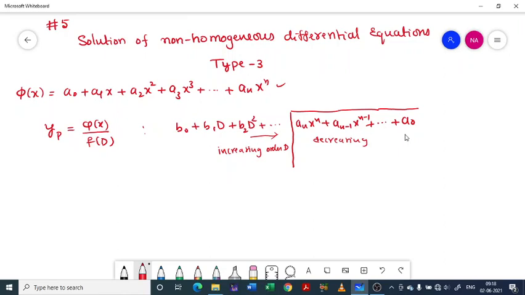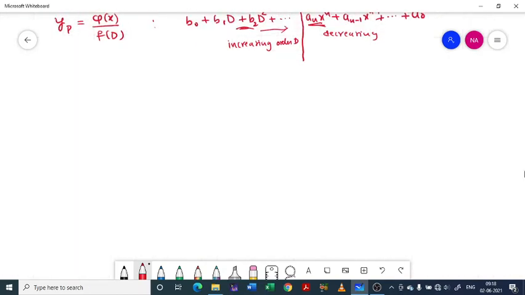So here the higher degree term moves forward, and here it moves from higher degree to lower degree terms. So you have to write in that way only. Then divide this polynomial by this. That quotient what you are going to get will be the required YP. Okay, let us try to solve problems, then you may understand.